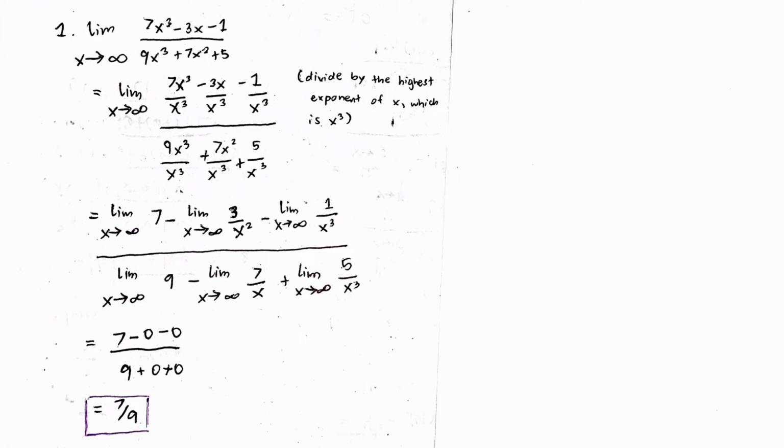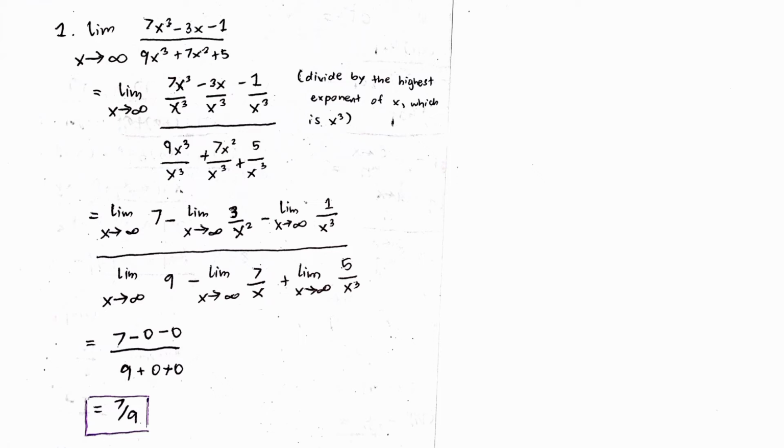Applying the quotient theorem, the sum theorem, and simplifying the terms of the function, we now have the limit of 7 as x approaches infinity minus the limit of 3x all over x squared as x approaches infinity minus the limit of 1 over x cubed as x approaches infinity all over the limit of 9 as x approaches infinity minus the limit of 7 over x as x approaches infinity plus the limit of 5 all over x cubed as x approaches infinity.